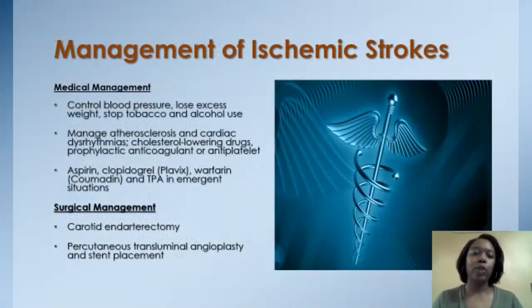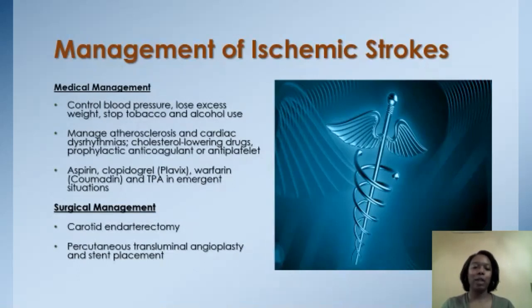So first, control of hypertension, losing weight, stopping any smoking, tobacco use, alcohol, or illicit drug use can help prevent ischemic strokes, as well as compliance with medications for hyperlipidemia, dysrhythmias, as well as prophylactic drugs such as anticoagulants or antiplatelet drugs to help thin the blood and prevent clots.